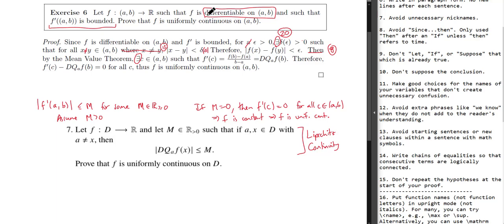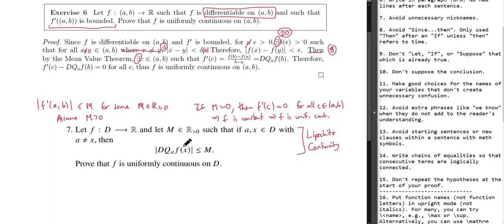However, what did we need for Lipschitz continuity? We needed for any 2 points in the domain. Okay, well, why don't we do what you were doing up above? Let's take 2 non-equal points, x and y, in the domain. Then we need to look at the difference quotient based at one of those points of the function evaluated at the other.